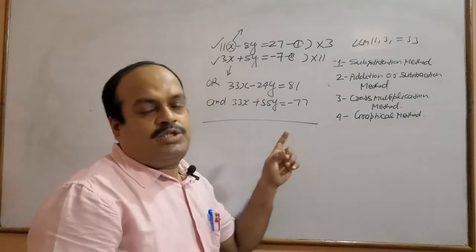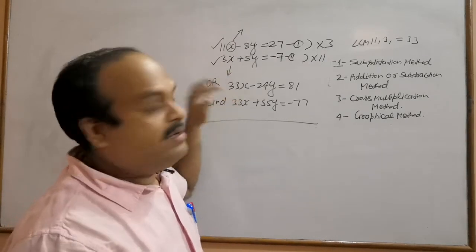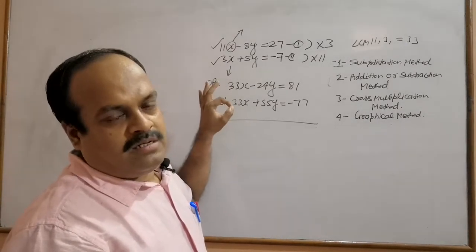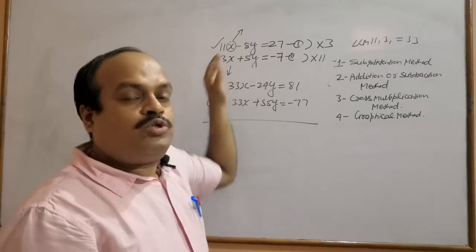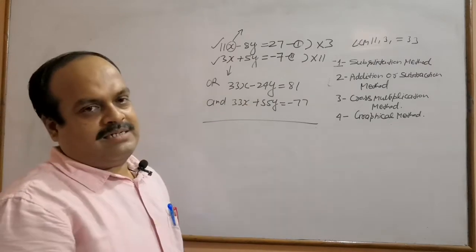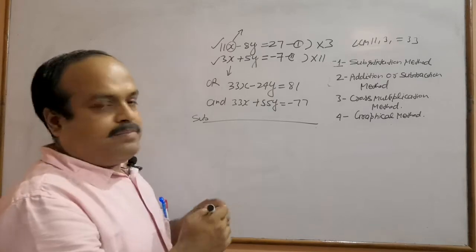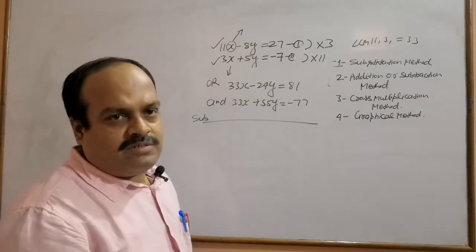I wanted to eliminate the terms of x. I have made the coefficients equal, but since they have the same sign, to cancel out the terms of x I need to go for subtraction. So I will write subtraction here, because plus 33 after addition we cannot cancel out.